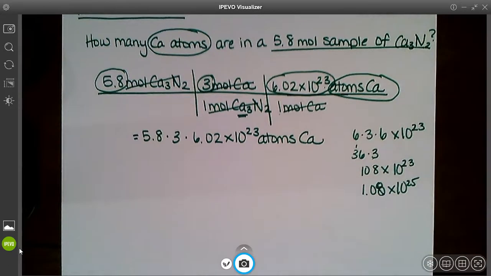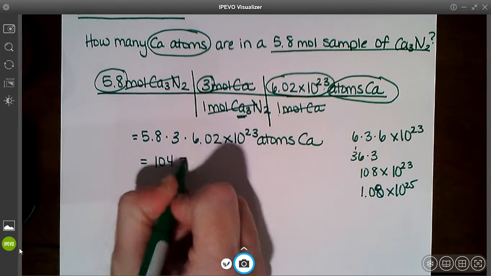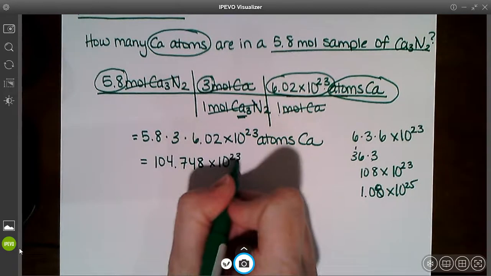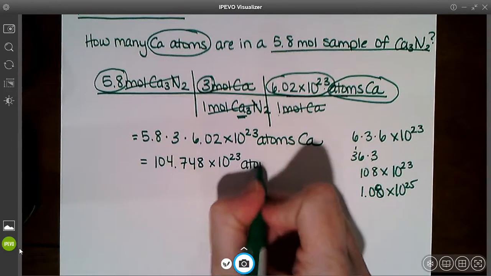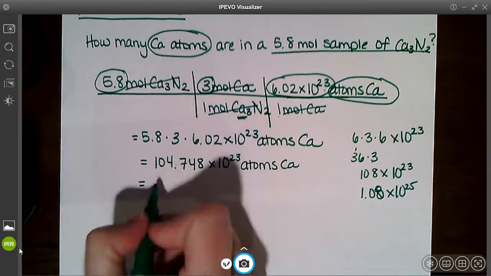So let's do it on our calculator and see how close we are to that. 5.8 times 3 times 6.02 equals 104.78 times 10 to the 23rd. I'm not using a scientific calculator right now. I'm using my cell phone, so that's why I didn't put the 10 to the 23rd in.